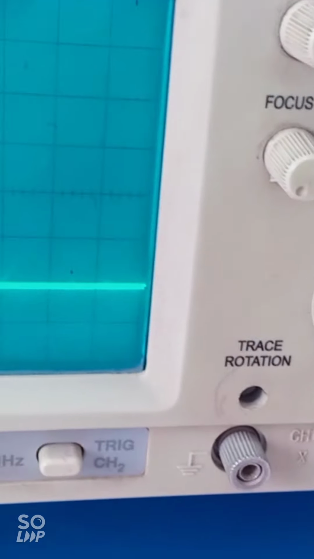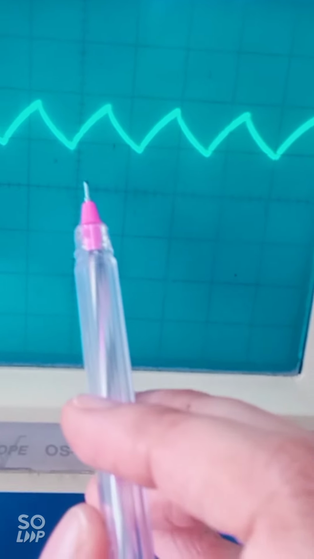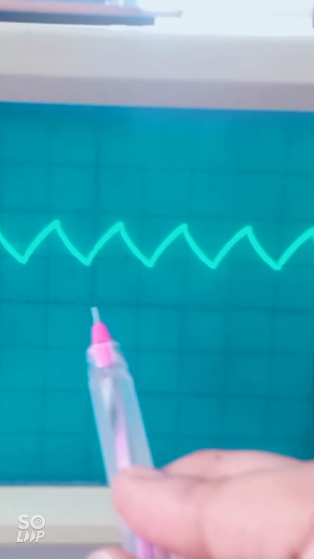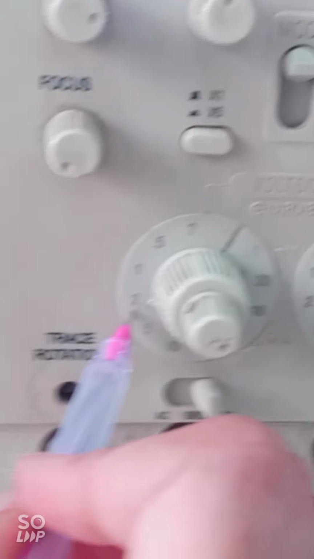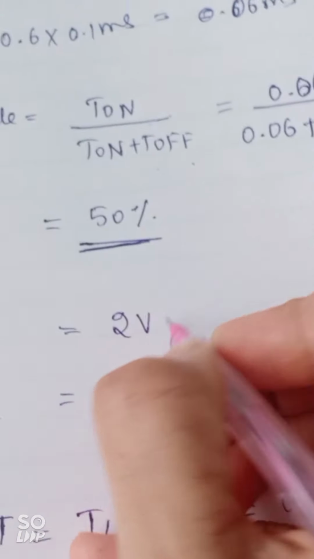First we need to set the ground point. I am setting one ground point here, and releasing that ground. So how much has it shifted? This part gives the 1/3 from the ground point to here. It is almost 1 into 2 volts per division, so 1/3 VCC is 2 volt.